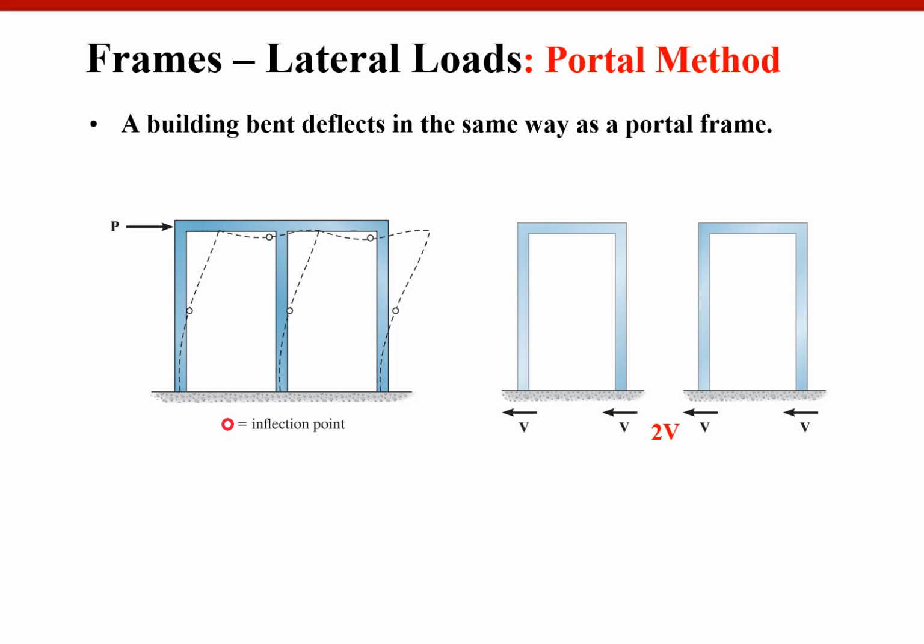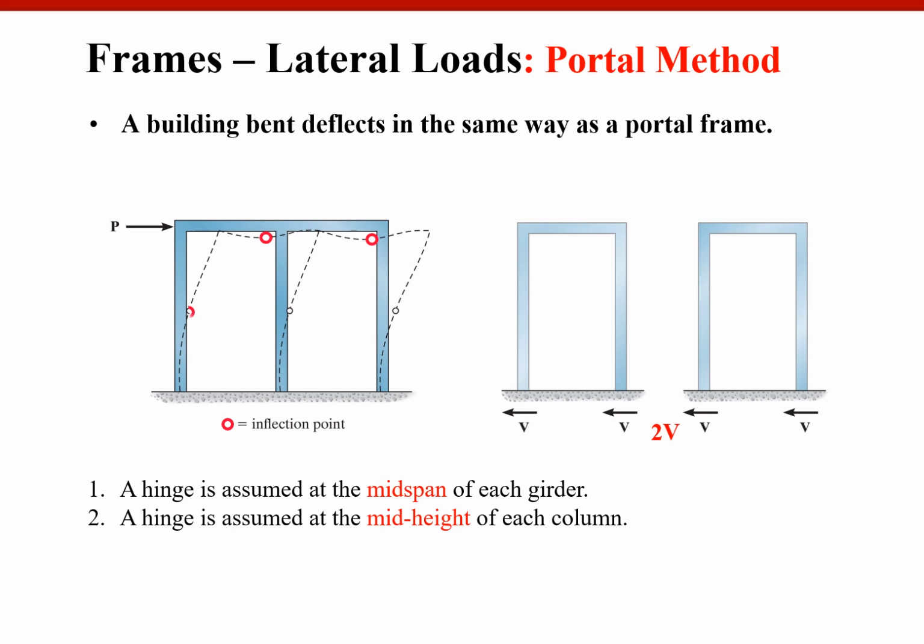Okay, when you have, for example, a two-bay building, we are going to utilize the behavior of the portal frame. First, a hinge is assumed at midspan of each girder, like this. And a hinge is assumed at mid-height of each column, as we assumed for the portal frame.